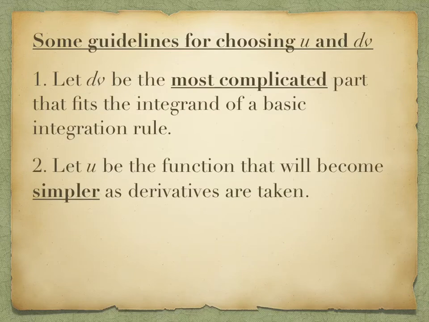So there's a couple of things that I'm writing down, and they don't work all the time. They are guidelines at best, okay? The more you practice, the more you're going to be thinking correctly on how you make the choices. But these are some guidelines to help you when you're thinking. You can often let dv be the most complicated thing that you're still able to take an antiderivative of, okay?